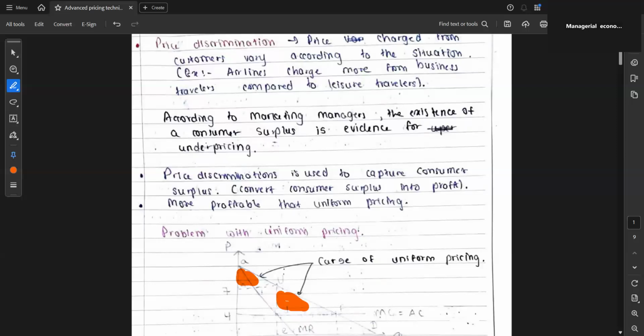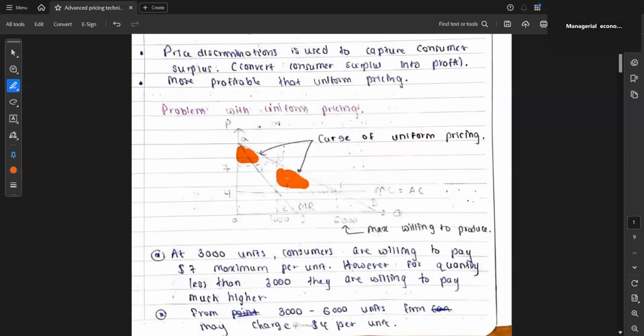If you are trying to capture that highlighted area, you have to be charging different prices for the same product. So that means you are using price discrimination. So price discrimination is used to capture this consumer surplus and convert it into their own profit.